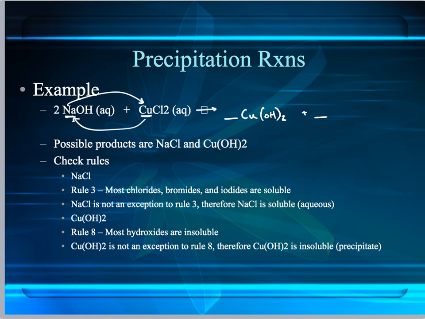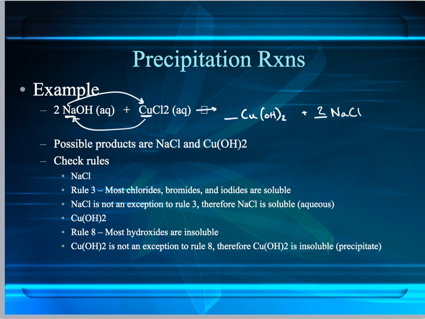So that would be sodium ion, which is a +1 charge, and a chloride ion, which is a -1 charge. And then balancing that would look like that. So the possible products are NaCl and Cu(OH)2.